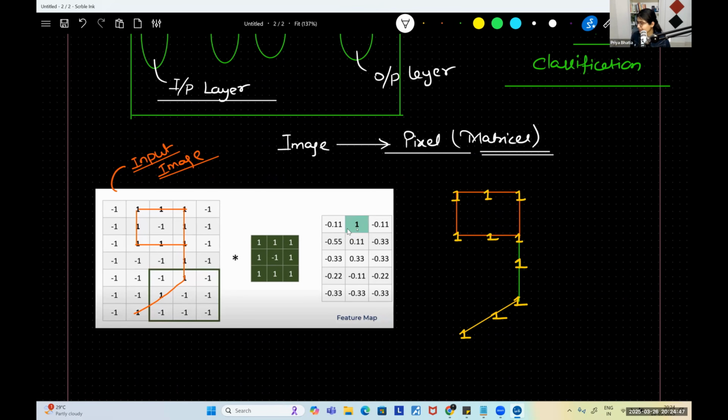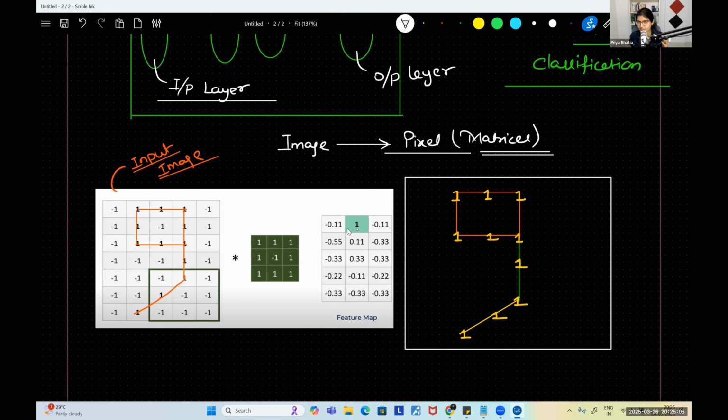How does the model understand when to start joining the points? This joining of the points by the line is what I have done for you. The model will do it in some other manner. That is what we will discuss today, how the model will be able to detect that this belongs to 9. This specific detection part, which I have done, is not for a model, it's for you guys to understand that this is 9.